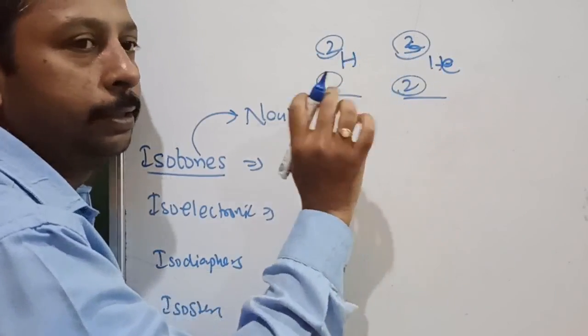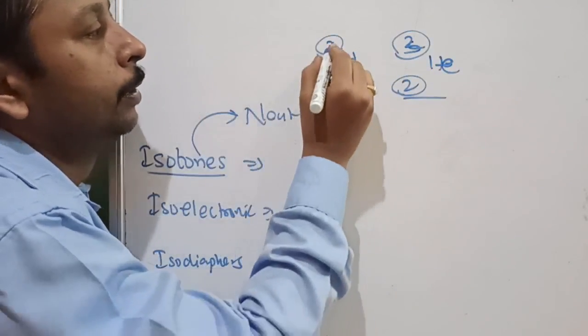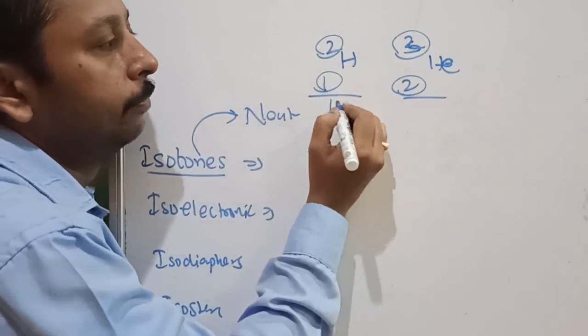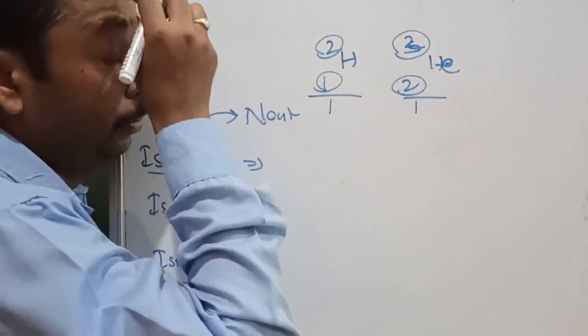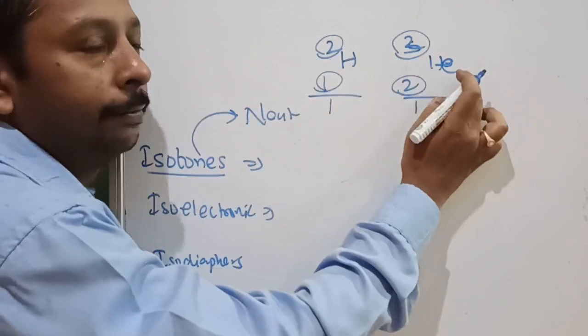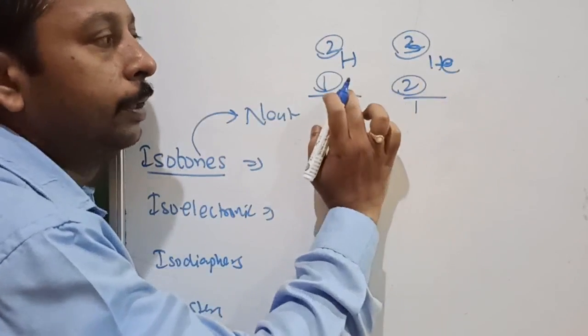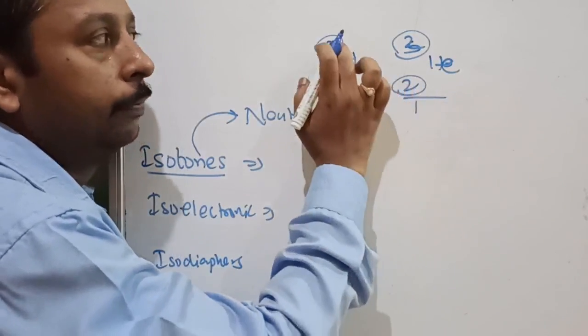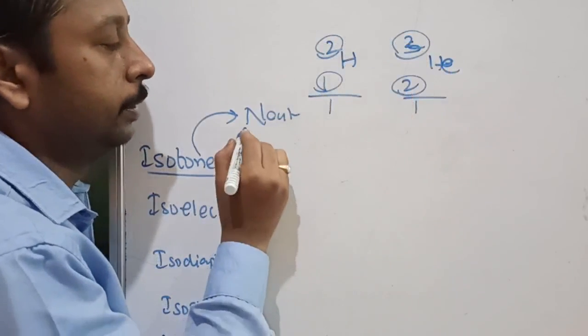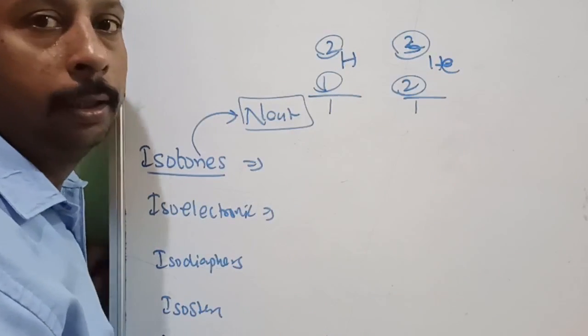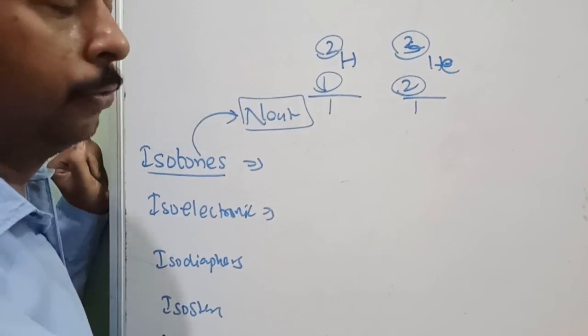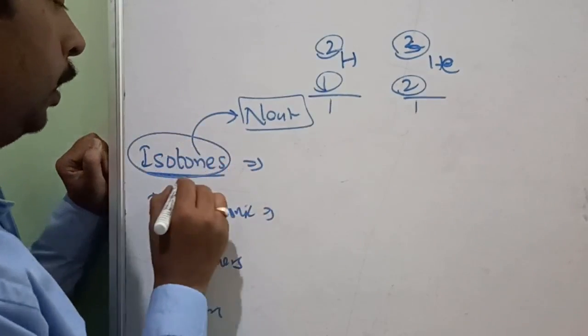But if everything is different, then what will be the same? Subtracting, 2 minus 1 is 1 neutron, 3 minus 2 is 1 neutron. Atoms of different elements having different atomic numbers and different mass numbers but the same number of neutrons.